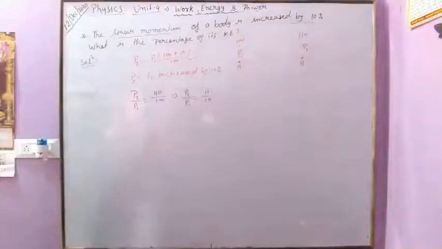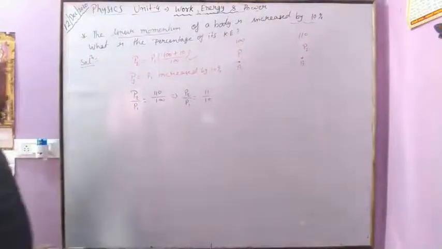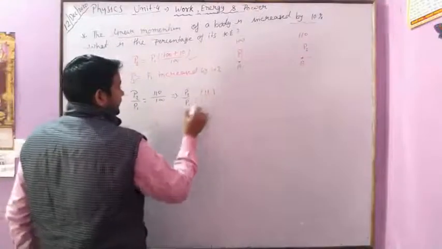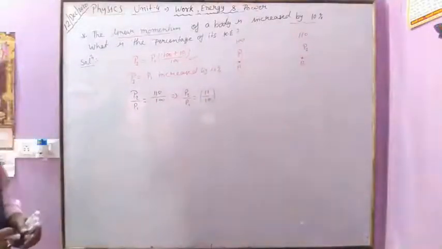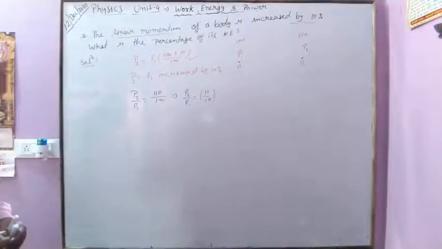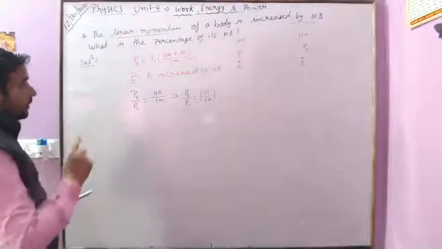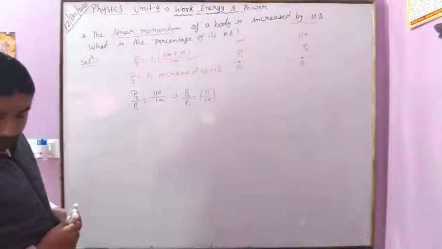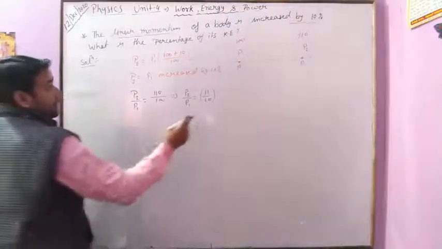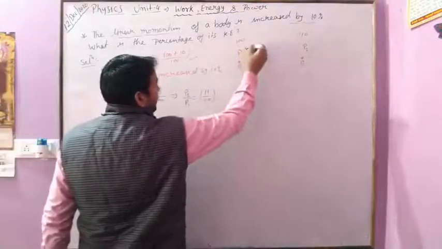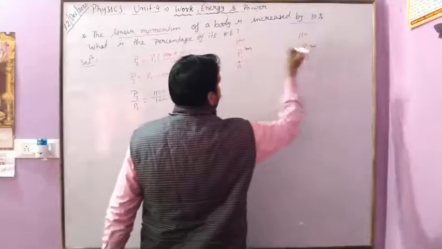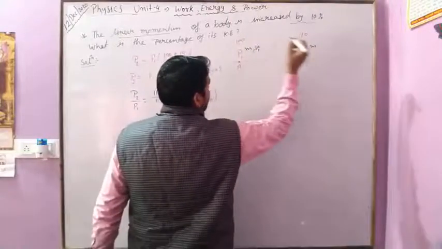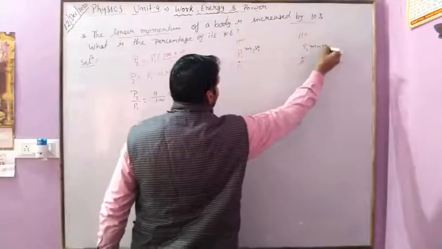Clear? Because the mass of the body here is m and here is also m, the initial velocity is v1 and the final velocity is v2.